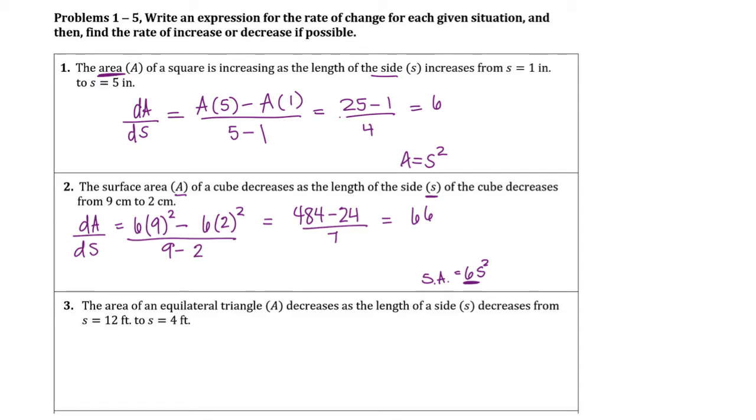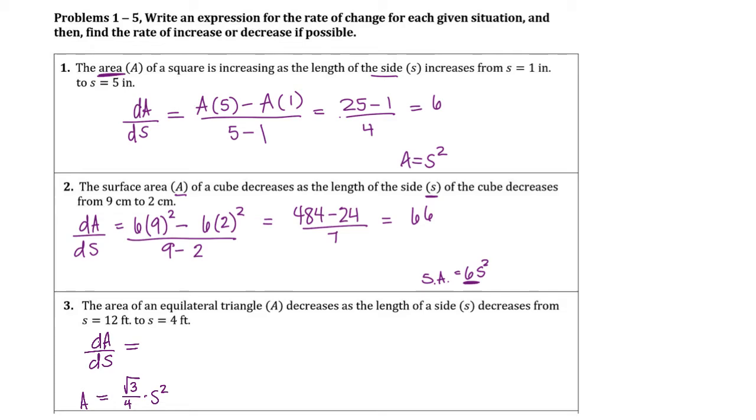So we're going to look at dA over ds, and the area formula for an equilateral triangle is going to be root 3 over 4 times your side squared. So there's our formula.